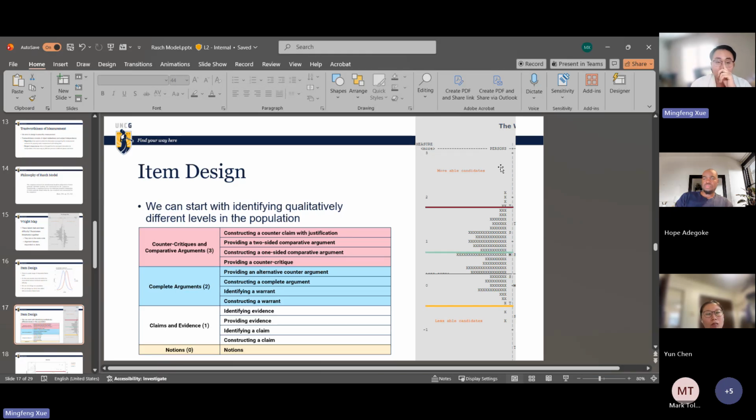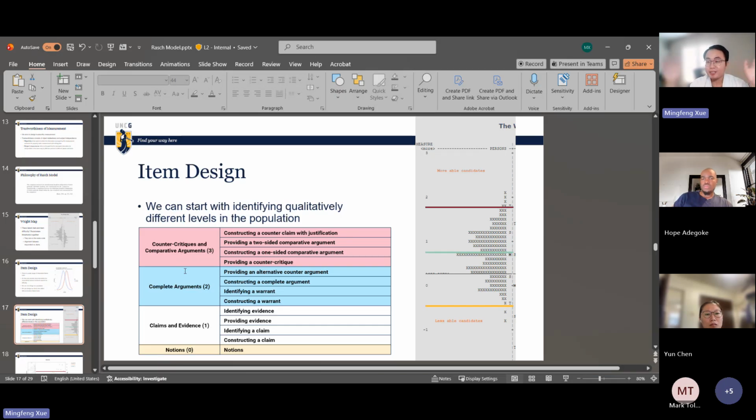I would like to use argumentation as an example. In order to form an argument, we need to have a claim and evidence. And finally, at the highest level, our respondents should be able to create a counter-critique or comparative argument. It represents an even higher level of argumentation skills.